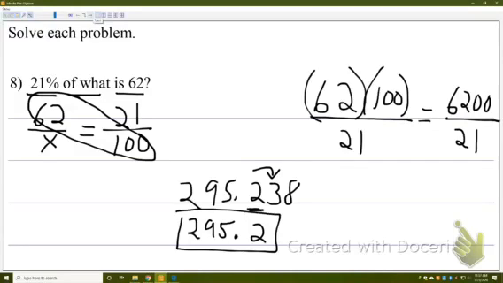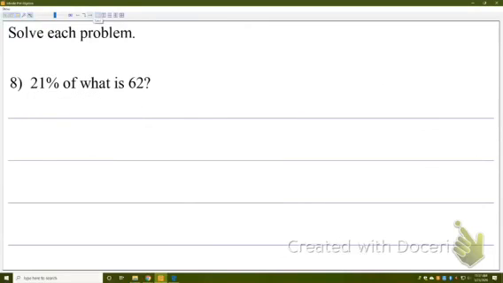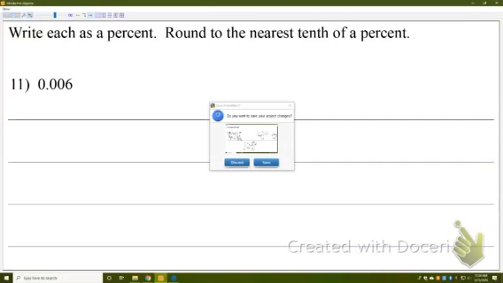All right. Let's go to a different type now. Write each as a percent. Remember on these that you only have to move your decimal.